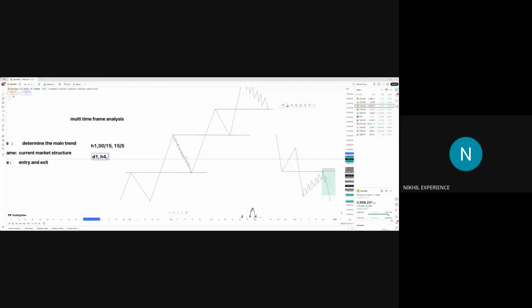Then get your entry on the 1 hour time frame mostly, H1. This should be H4/H1 actually.